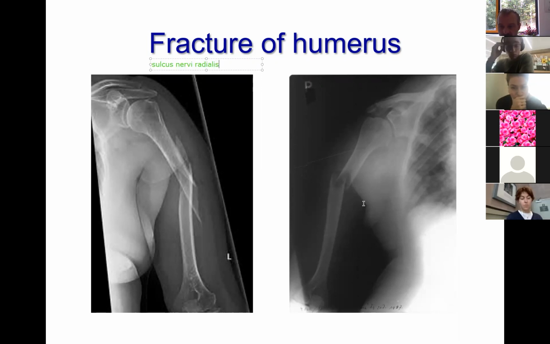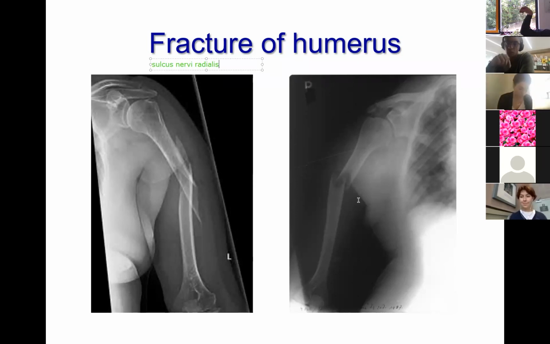And such a terrible fracture can harm the nerve, and then it can cause again a compression of the nerve. And how does the patient look? The radial nerve supplies all the extensors. So you cannot extend your upper limb. So you flex the elbow, you flex the wrist. What you can see should remind you of a swan on a lake.